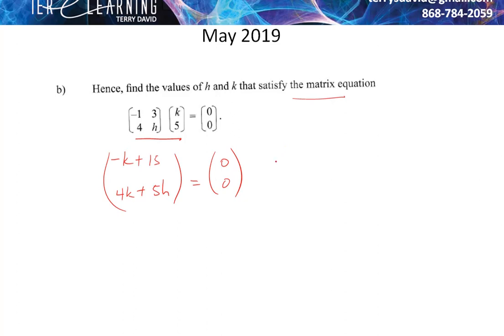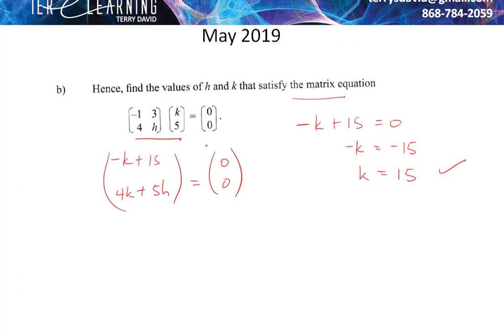So essentially we have a 2 by 1 matrix on the left hand side and a 2 by 1 matrix on the right hand side. These two matrices are equal, so we can say on the top part that minus k plus 15 is equal to 0. Therefore minus k is equal to minus 15, and therefore k is equal to 15.